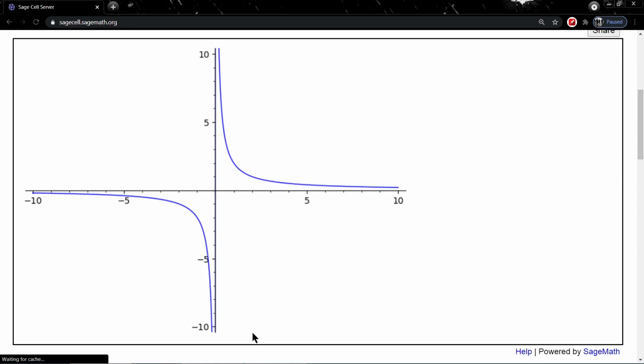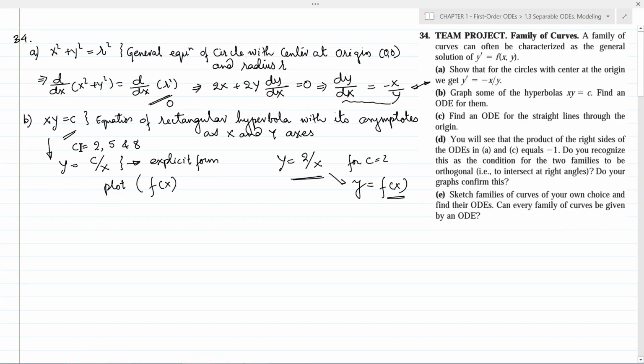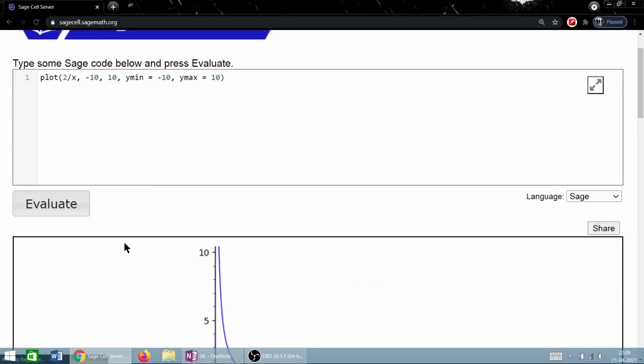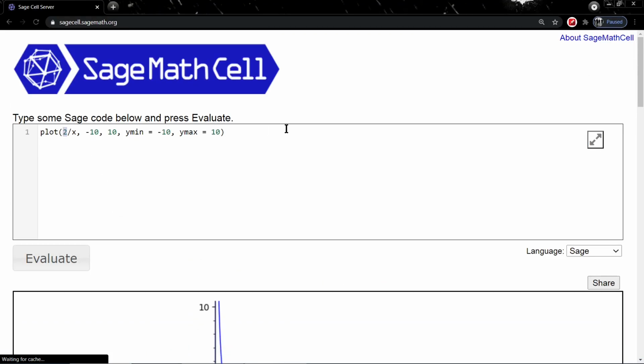We want to plot 3 graphs with c value 2, 5 and 8. So, we can replace c in here and we can write c equal to 5 and again copy and paste and write c equal to 8.